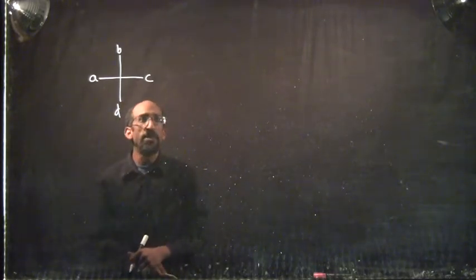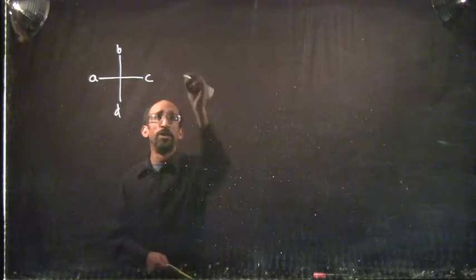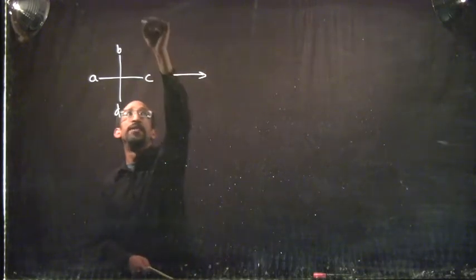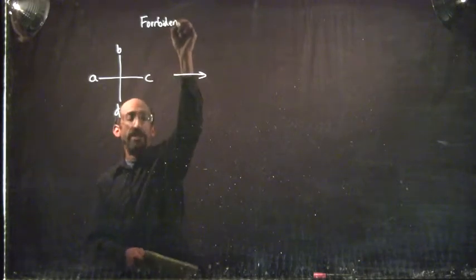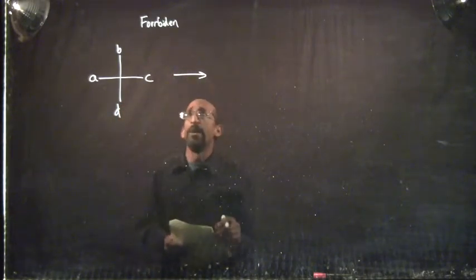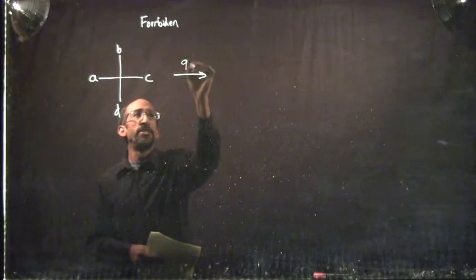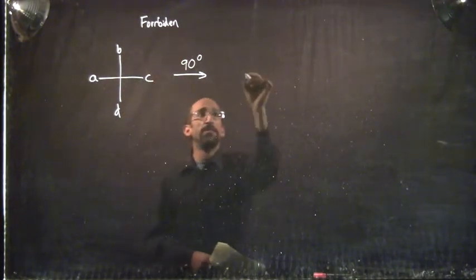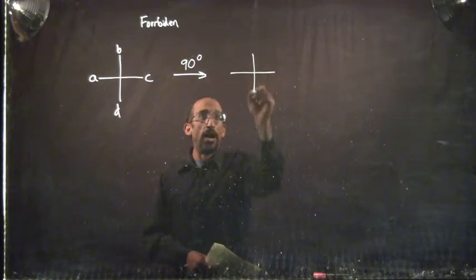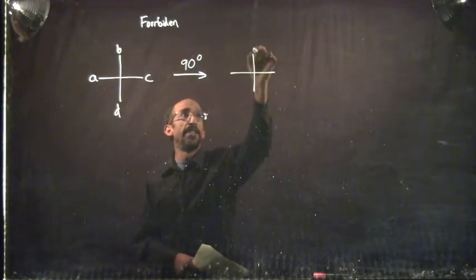So my first forbidden operation is the 90-degree rotation. The 90-degree rotation would just take this projection and turn it once. Our new representation would look like this.